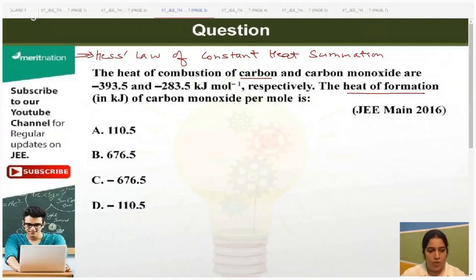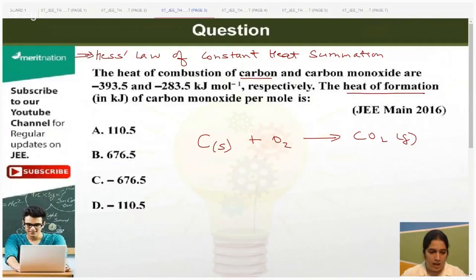Now we need to understand what we mean by heat of combustion or heat of formation. So the first statement is heat of combustion of carbon. Combustion means burning of a substance in the presence of oxygen. So when I take carbon in solid form and burn it with enough oxygen, this gives CO2 gas.